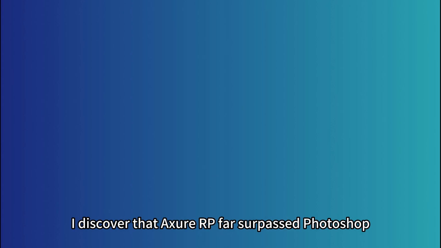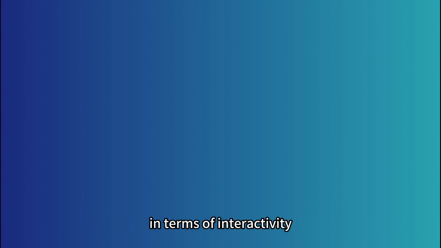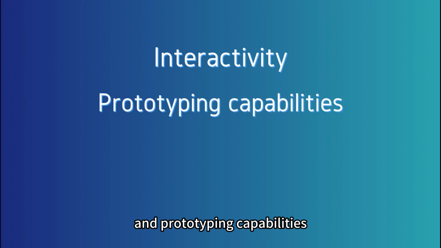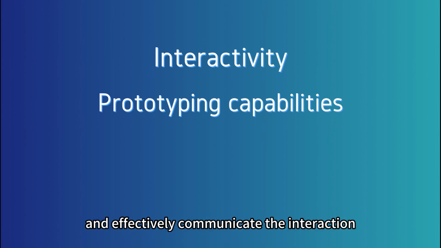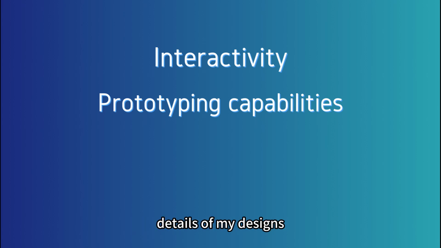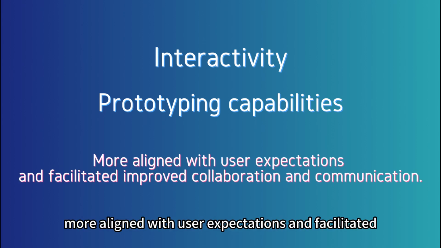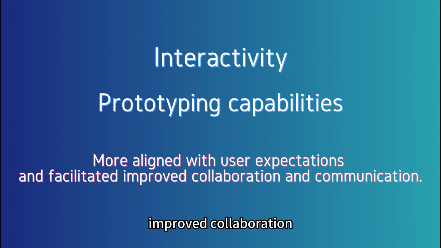In this use case, I discovered that Axure RP far surpassed Photoshop in terms of interactivity and prototyping capabilities. It enabled me to develop dynamic prototypes at a faster pace and effectively communicate the interaction details of my designs. As a result, my design work became more aligned with user expectations and facilitated improved collaboration and communication.